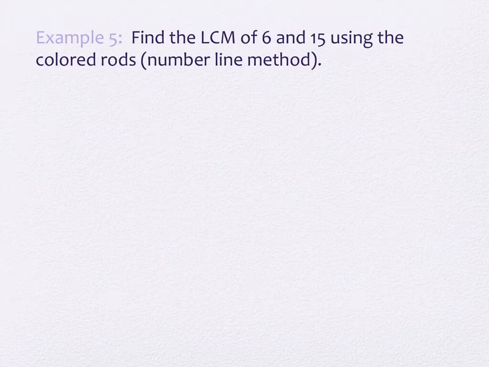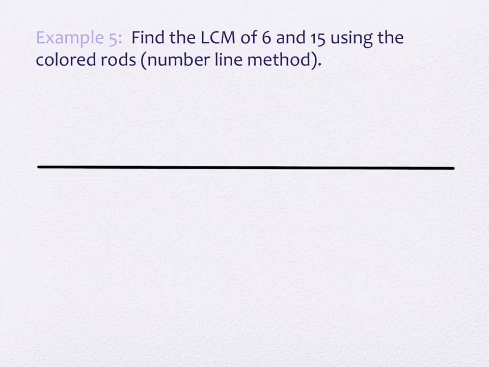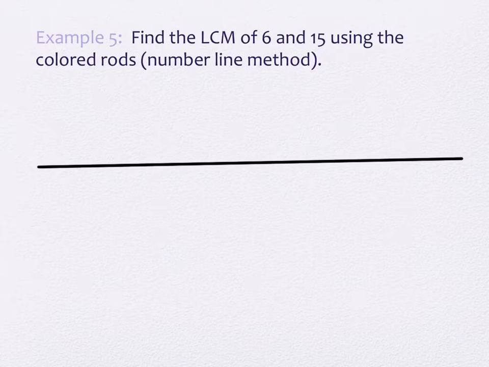So we're going to draw a number line. Just extend it as far as you wish for the moment. And we're going to start with 0. And actually let me draw it with the number lines first and then I'll show it with the colored rods so you can see the difference. They're quite similar. Multiples of 6. So if I have multiples of 6, this would be the first one. I would move out 6 and I would skip count or jump by 6s.